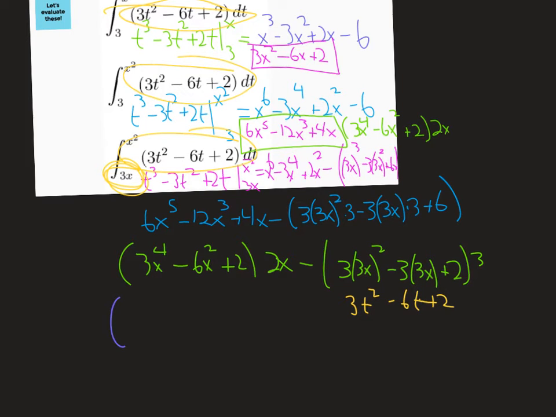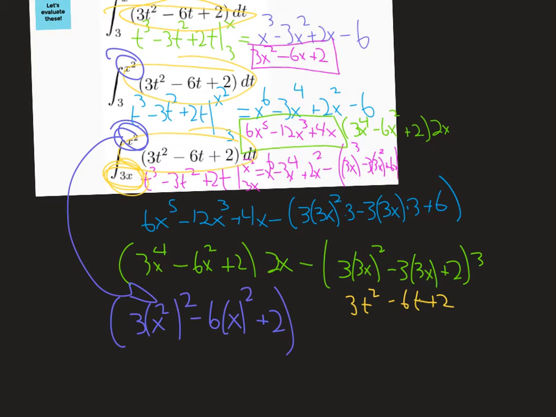Could I think of 3x to the fourth as 3 times x squared squared, minus 6x squared, plus 2? So there's an x squared there. Is it fair to say the x squared is just plopping in there, the 3x is just plopping in there?